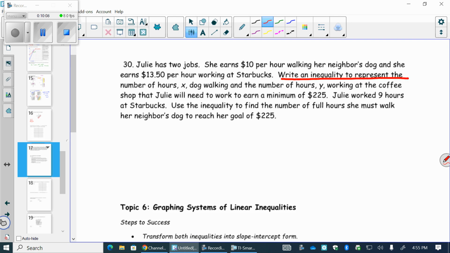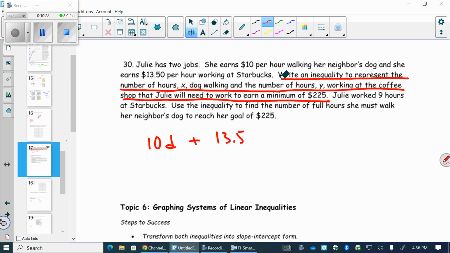Write an inequality to represent the number of hours X dog walking and the number of hours Y working in the coffee shop that Julie will need to earn a minimum of $225. Well, she'll get $10 per hour walking the dog, plus $13.50 per hour working at Starbucks.